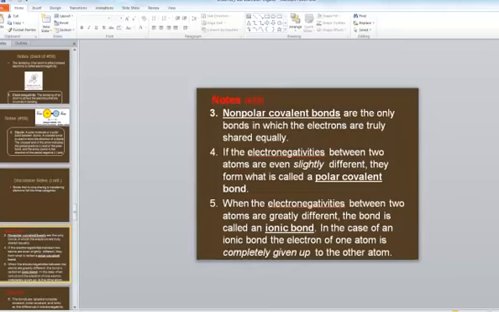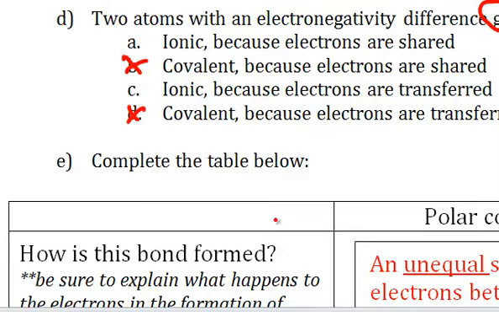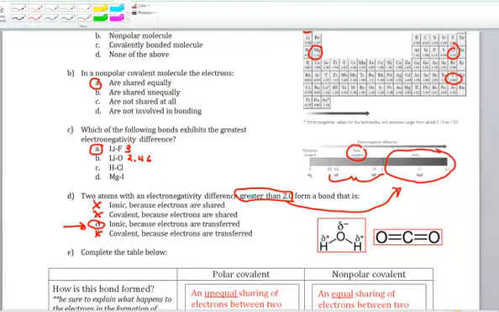In an ionic bond, the electron of one atom is completely given up. That's because the polar bear is so much stronger than the penguin that the penguin can't hang on. So the answer would be C. It's important to know that ionic bonds are a transfer of electrons. Sharing is covalent, so it's definitely not A.